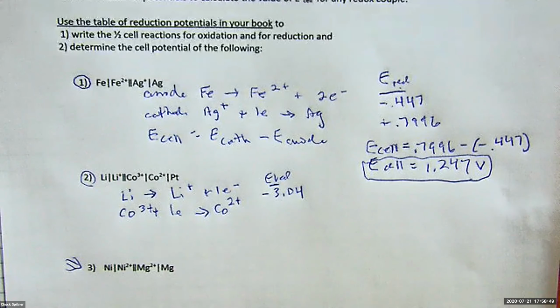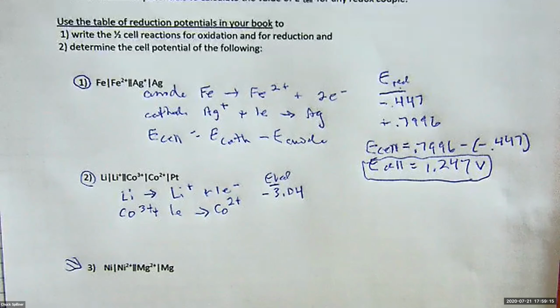Let's see, cobalt 2, come on. Nope, it's not on that one either. I might have to look that one up on the internet. I can't do that one because I can't find the reduction potential for cobalt 3 to cobalt 2. So I'll leave it like that. I'll have to look it up on the internet.